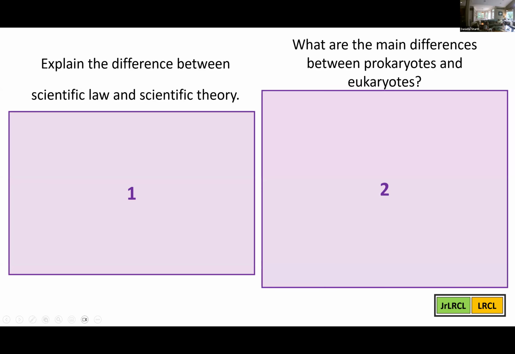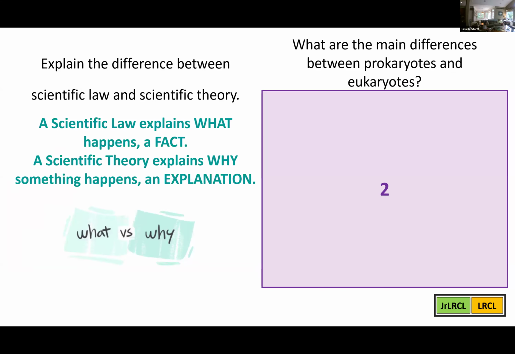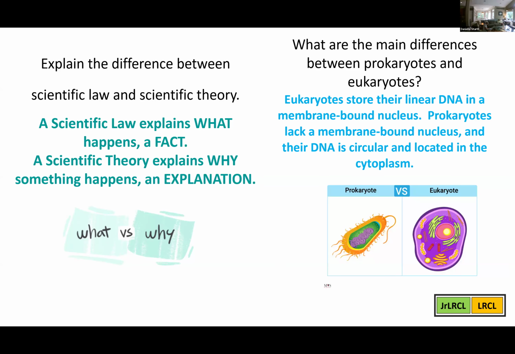All right, scientific theory versus scientific law. Who can tell me? Yeah, what you got? Yes, law is what. Theory is why. Very good. And what's the difference between prokaryotes and eukaryotes? Do you remember? Prokaryotes have no membrane-bound nucleus. Their DNA is circular and floats around in the cytoplasm.